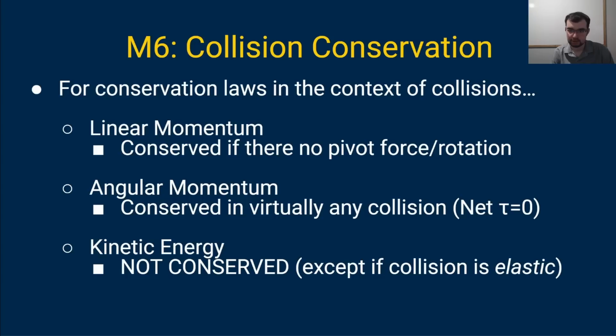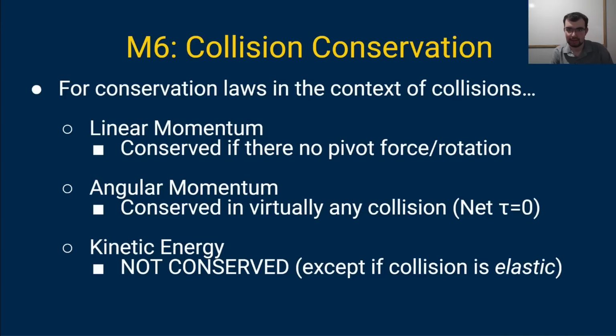Also, collisions. Be very careful about what is and isn't conserved. Linear momentum, p, is conserved if there's no pivot force or rotation around some sort of axle. So this is like that sort of rod that swings after a ball hits it. That would not be conserving linear momentum. But basically any raw linear collision does.